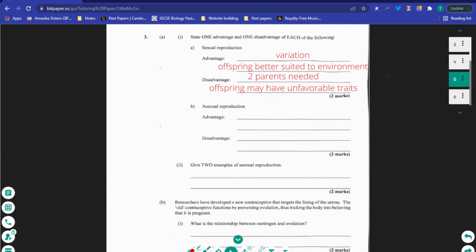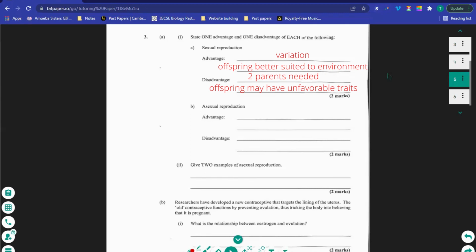And what's a disadvantage? Well, the fact that we need 2 parents. So if we're in a place where only a female or just one is there, then if something happens to that one individual, then that's the end.